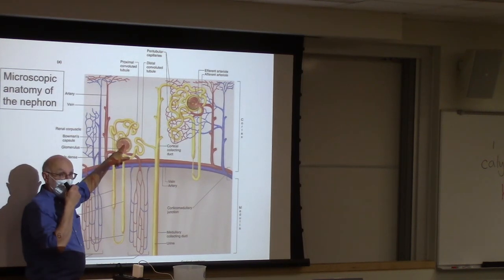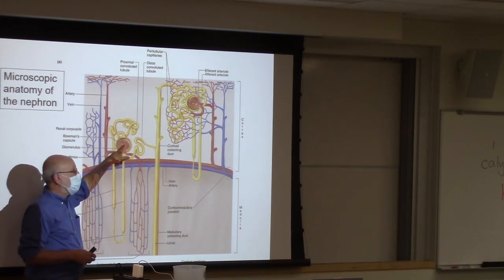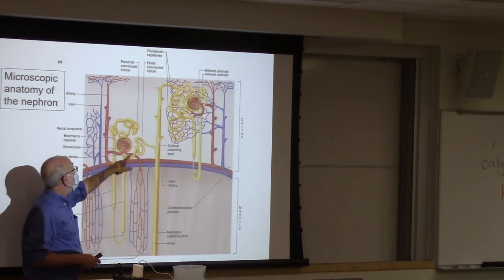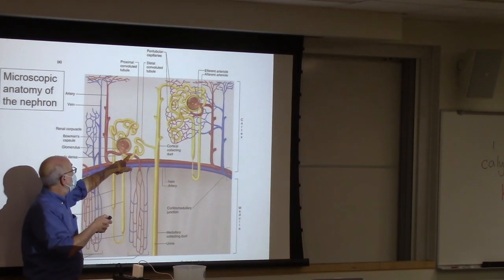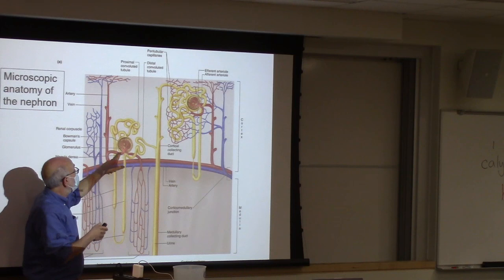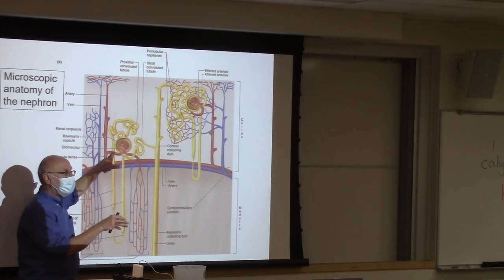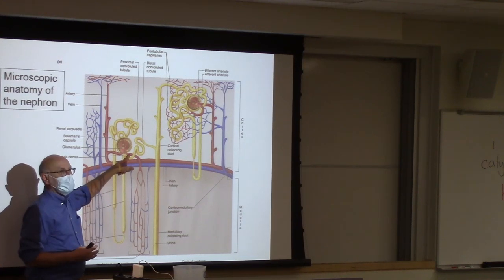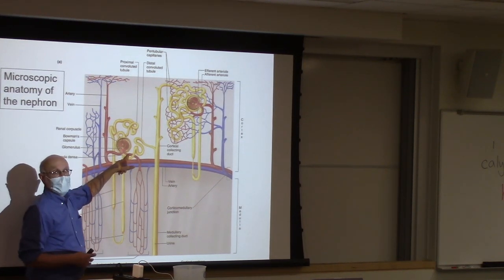After filtration in the glomerulus, which we will talk more about in a minute, the blood leaves the glomerulus in a structure called the efferent arteriole. So this is afferent to and efferent from. And I'm sorry they're so similar, but that's just the way it is.